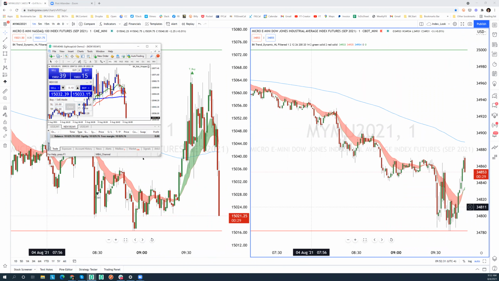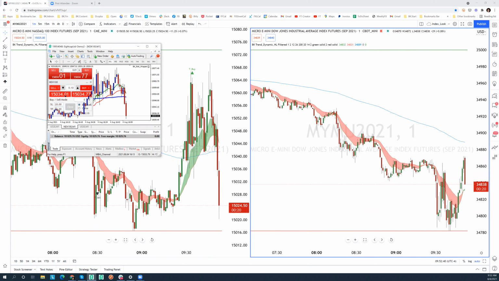That's a huge dump. We just badly reversed. Let's see if they want to run the lows.